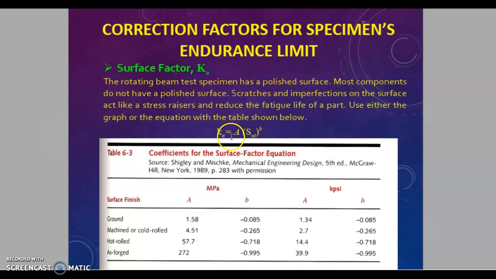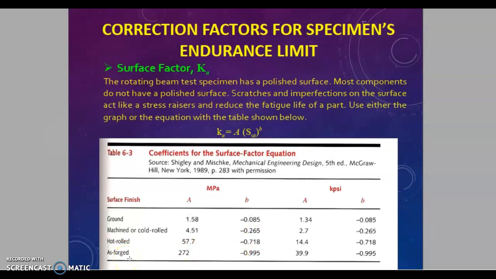This factor is equal to A times the ultimate tensile strength raised to b. Here capital A and small b are constant terms. For ground surface finish, the values of A and b, in MPa, are given. For machined or cold rolled, these are the values. Hot rolled, this value.